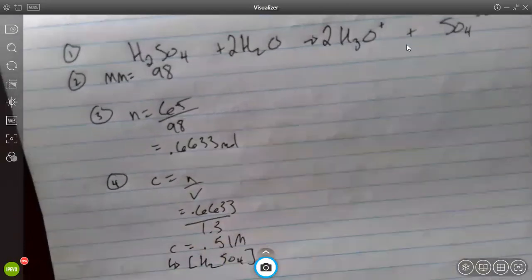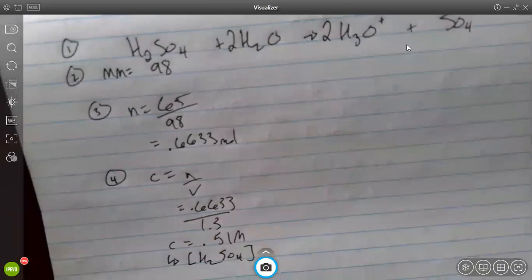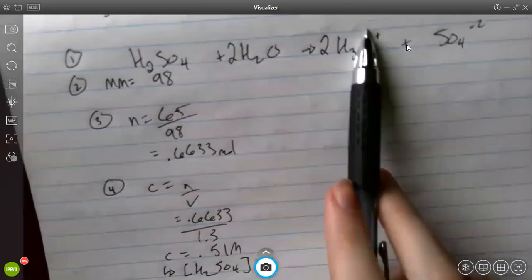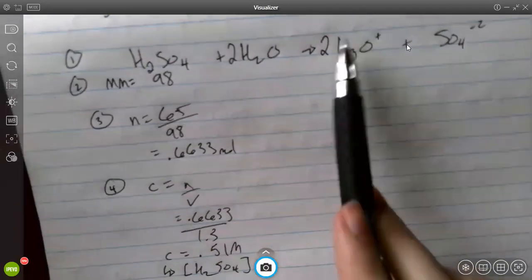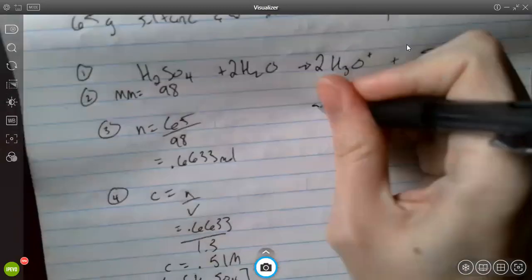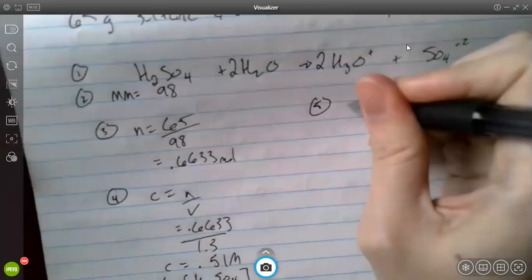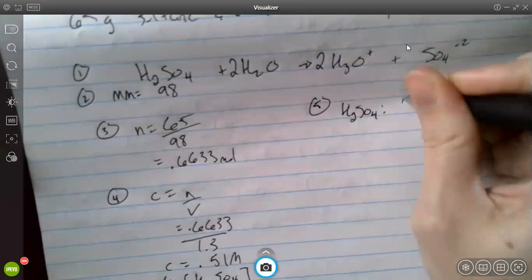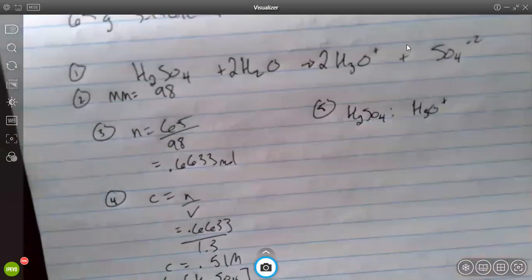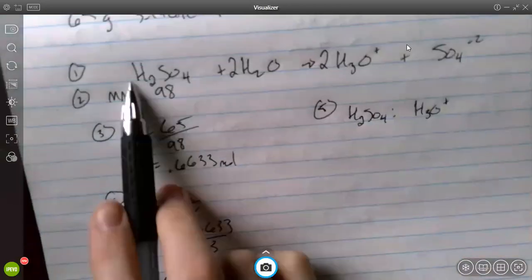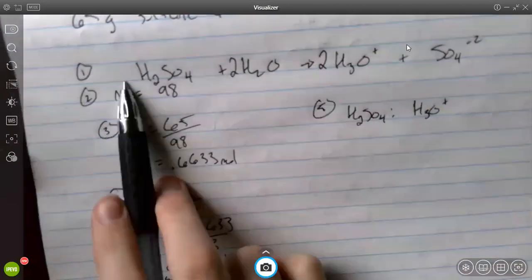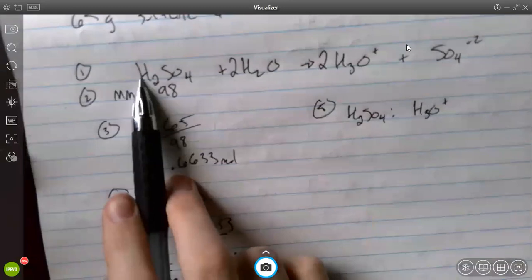Now, to find the pH, I don't need my concentration of acid. I need my concentration of hydronium ions. So step 5 is set up a mole ratio between my acid and my hydronium ions. The mole ratio is a 1 to 2. We use a 1 anytime there's no coefficient in front of our compound.